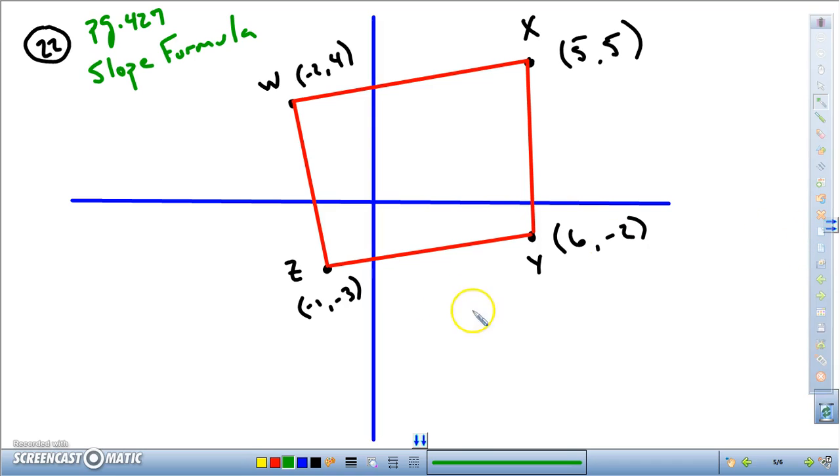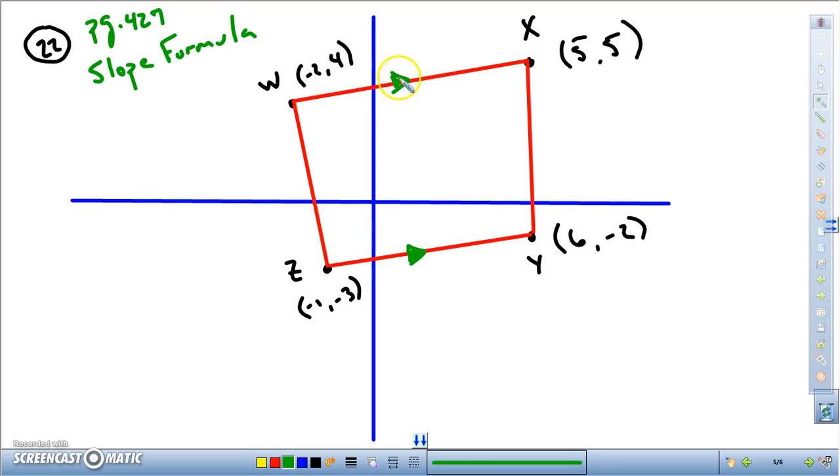Since I'm using the slope formula, my plan of attack is to find the slope of line segment WX and compare that to the slope of line segment ZY. I want these slopes to be the same in order to make these two parallel. Before I can say this is a rectangle, I first have to say it's a parallelogram.